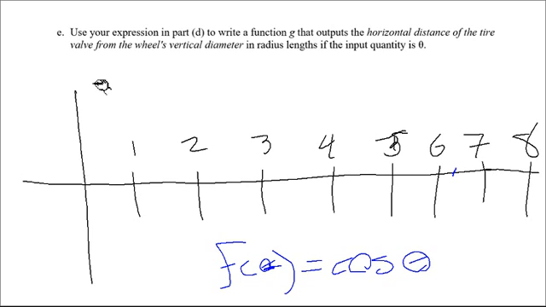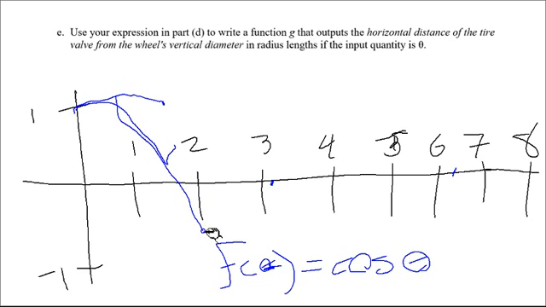And our amplitude is going to be 1, and at about pi, 3.14, we're going to complete half a cycle, so the graph might look like that, and then after 2 pi we will have completed a cycle.